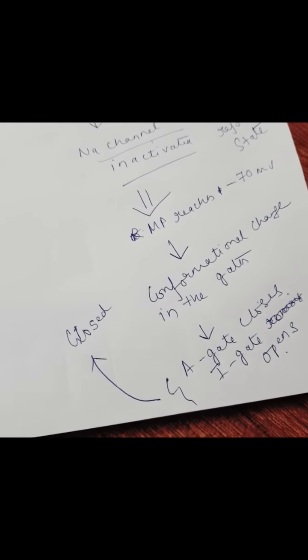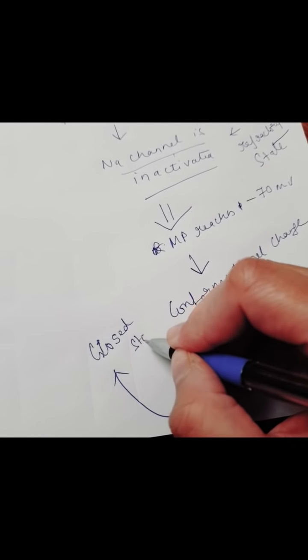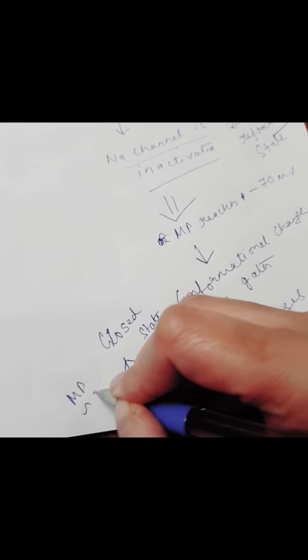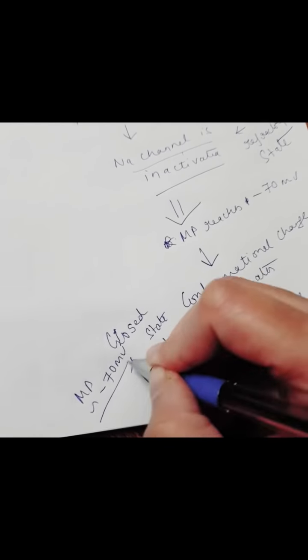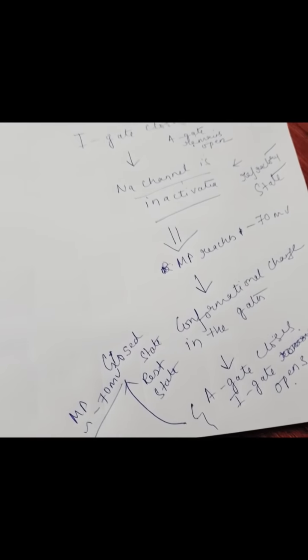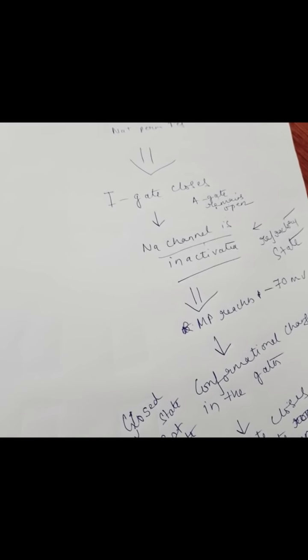So this is the closed state or the rest state, and this is found when the MP is about minus 70 millivolt. So this was all about the opening and closing of the sodium ion channels. Opening and closing of sodium channels is affected by calcium.